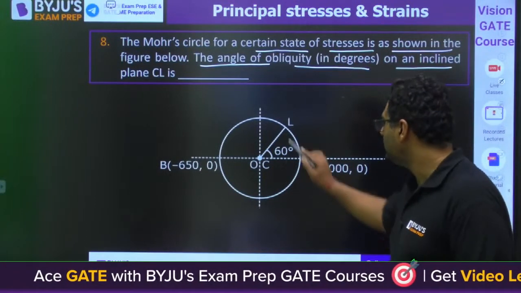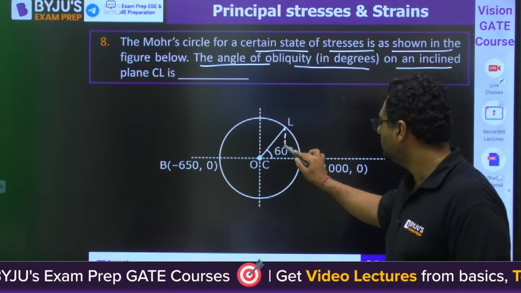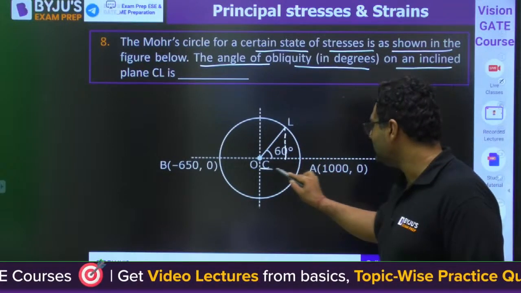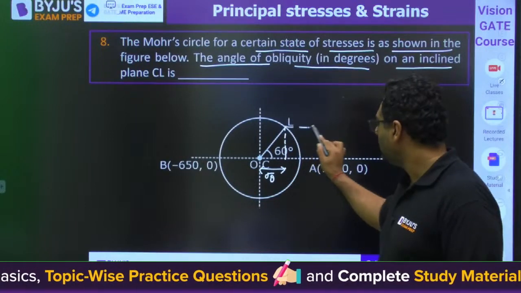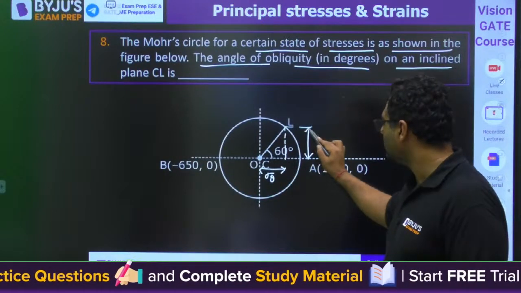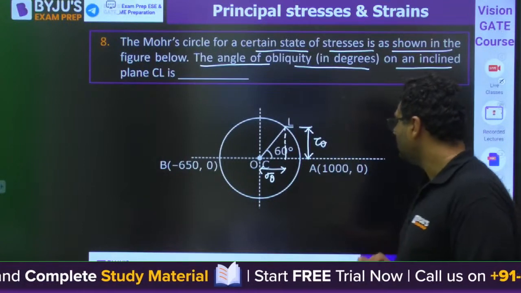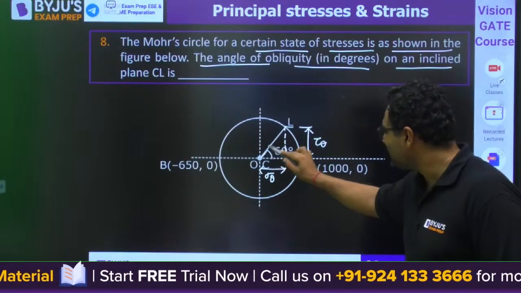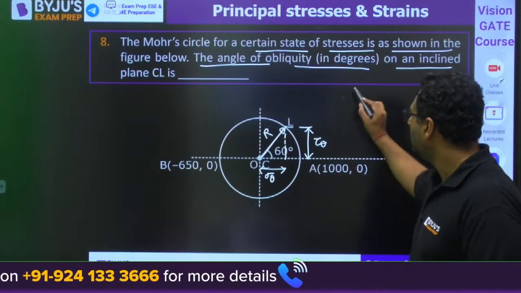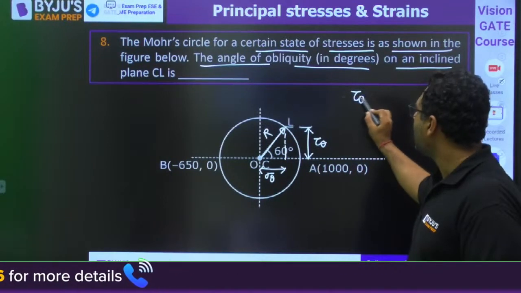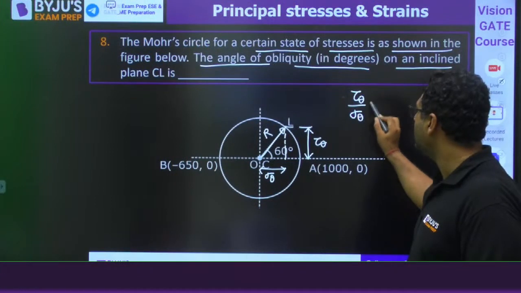So you know that this distance is sigma theta. This distance is tau theta. This is the resultant. Tau theta by sigma theta.